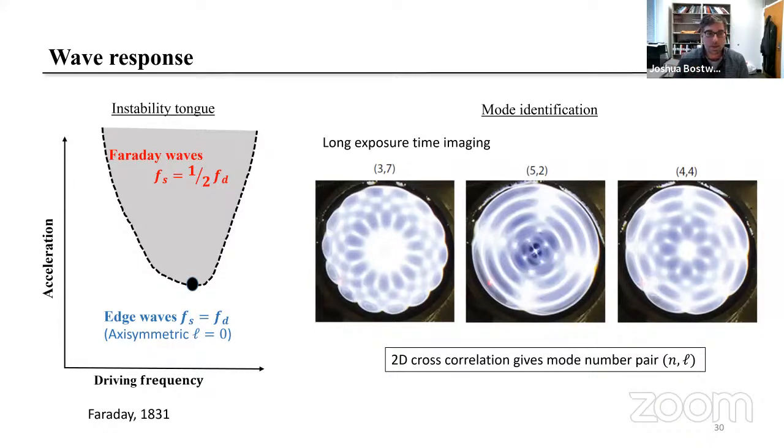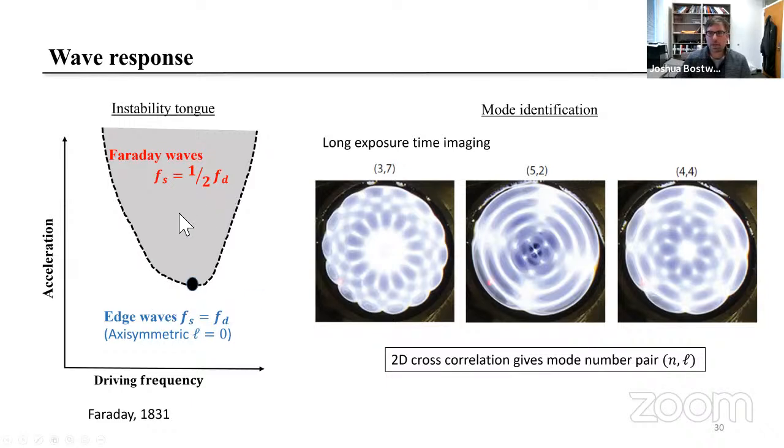And everywhere outside of this Faraday wave tongue, we observe what we call edge waves. Edge waves are axisymmetric waves which exhibit a harmonic response, i.e. they oscillate with the same frequency as the driving signal. Depending upon where we are in this phase diagram, we get these different types of behaviors.